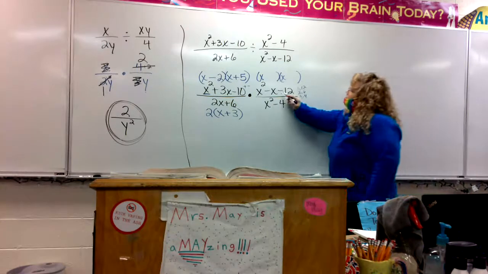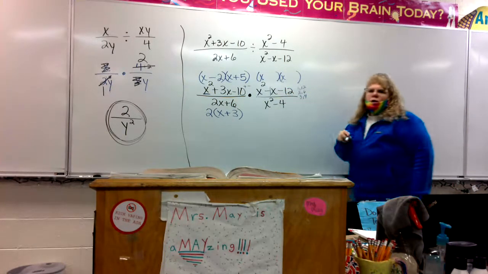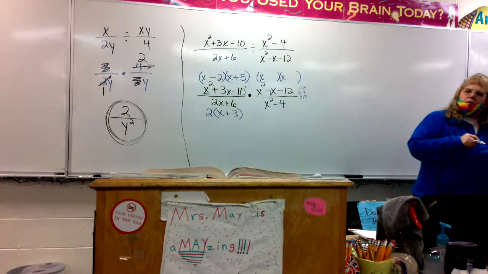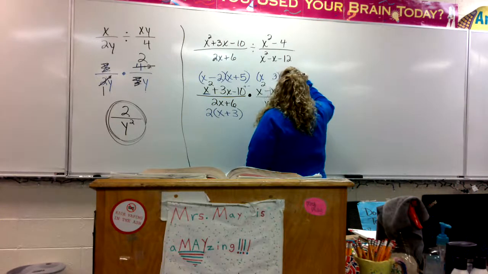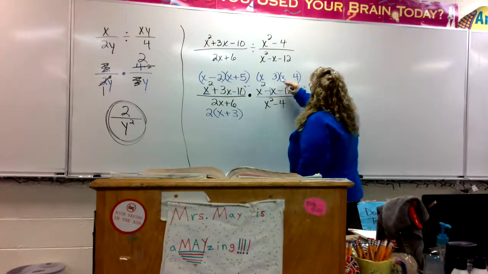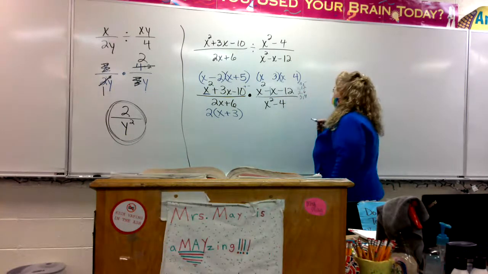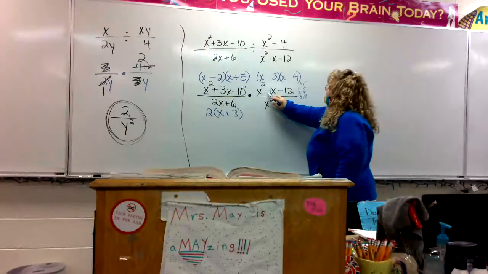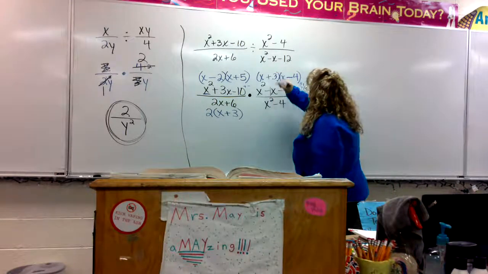I need the combination that will subtract to 1. What combination subtracts to 1? 3 and 4. 3 and 4. Multiply 3 times 4 and end up with a negative. That means 1 of each. What gets what? It's a negative. The big one's negative. The little one's positive.